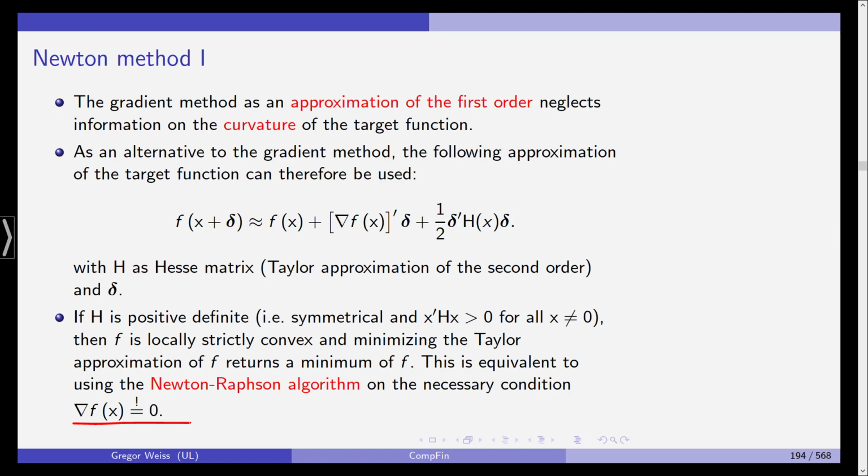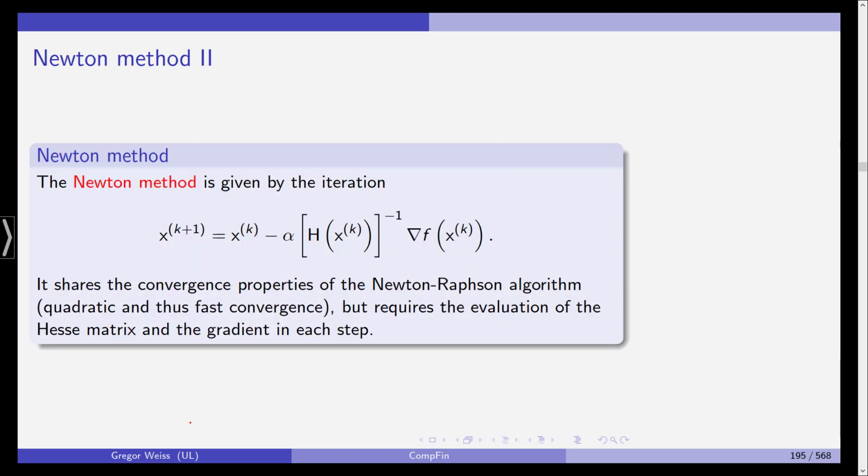In one dimension, this all boils down to the methods you know from high school, but this is a multidimensional, multivariate extension. So the Newton method is given by new solution x of k plus 1 equals x of k, previous solution, minus alpha, times the inverse of the Hessian matrix at this solution xk times the gradient.